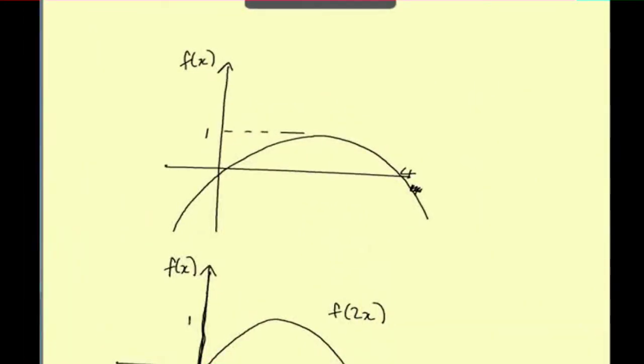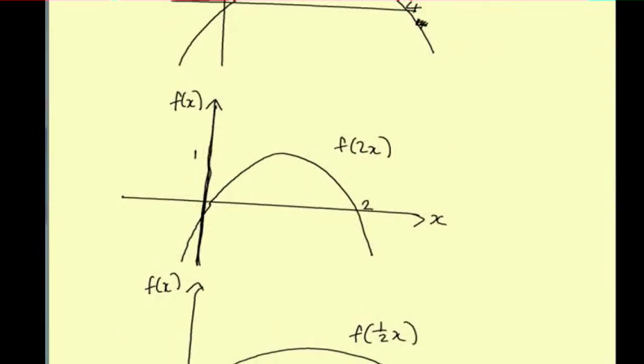Okay, so we're going to look at the final way in which we can transform a graph, which is f brackets ax. To illustrate this, let's consider the first graph, which is the original function, f of x. What we're going to do is f brackets 2x. The effect that this has is it compresses the graph along the x-axis.